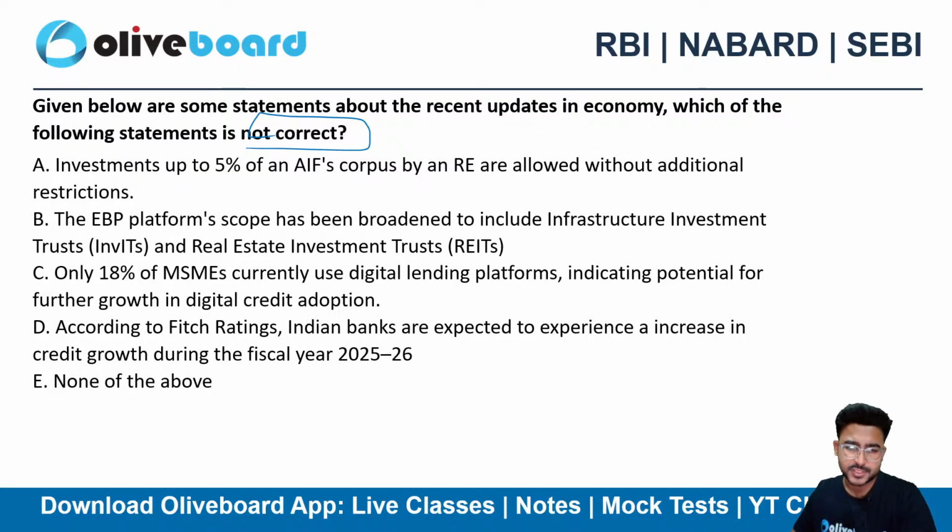Option D: according to Fitch rating, Indian banks are expected to experience an increase in the credit growth during the financial year 25-26. Or option D: none of the above. What do you think, guys, should be the correct choice here?